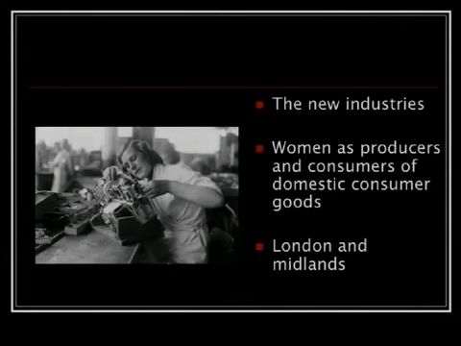So what you have in the 20s and 30s is a new set of industries in light manufacturing, electrical engineering, these types of areas, where women become both the producers, the people on the assembly line making the goods, like this woman making a wireless set, what you would call a radio.